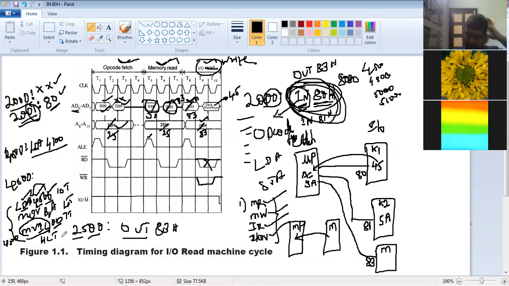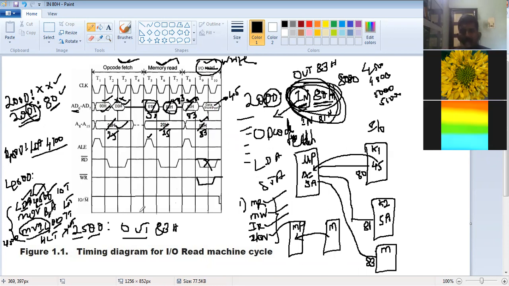How many T states? Only alphabets are there. Simple. 4 T states. So totally how many T states? 17, 21, 25. Yes.